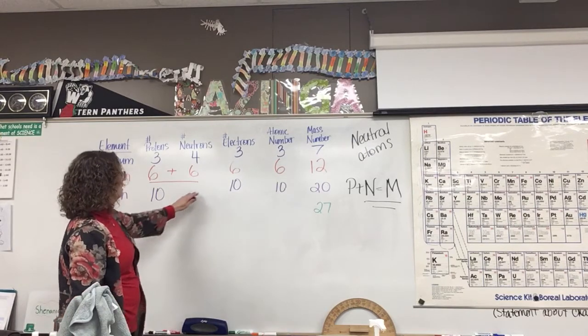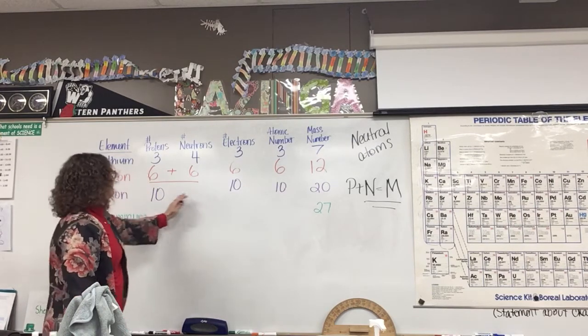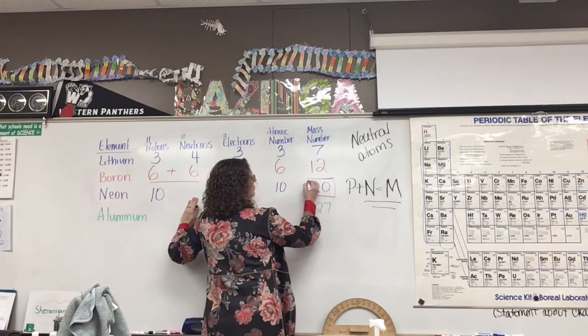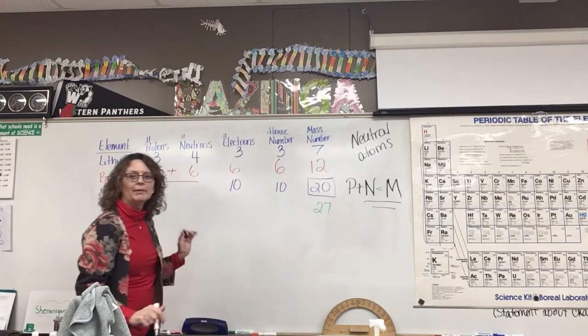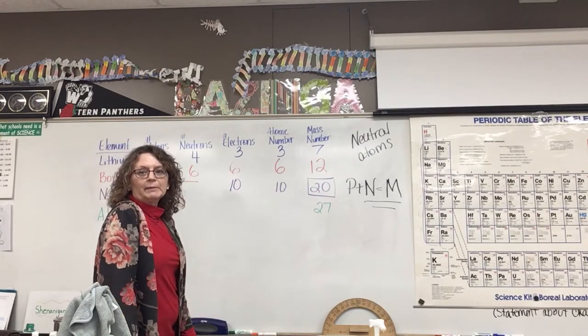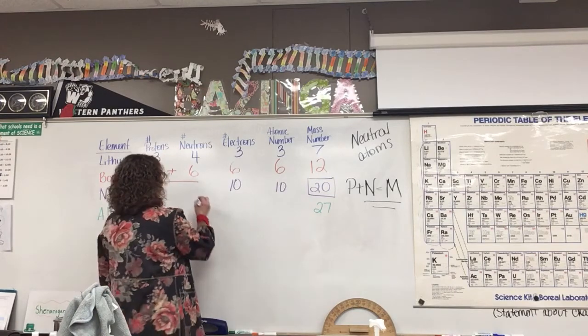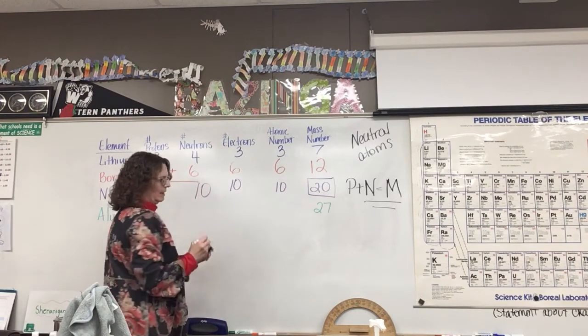How do I find the number of neutrons? Protons plus neutrons equal mass. It told me I had a mass of 20. So 20 minus 10 equals 10, all day, every day. And that one is now done.